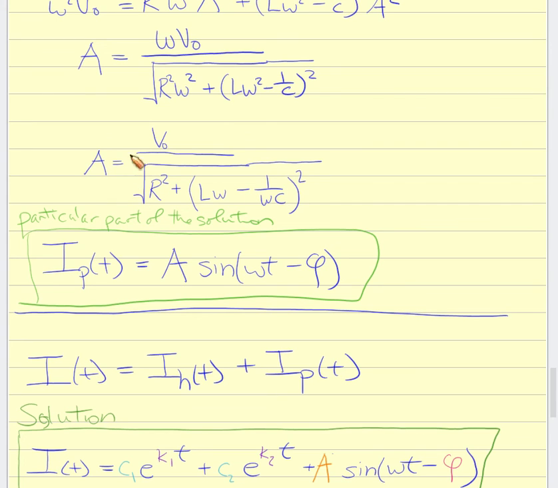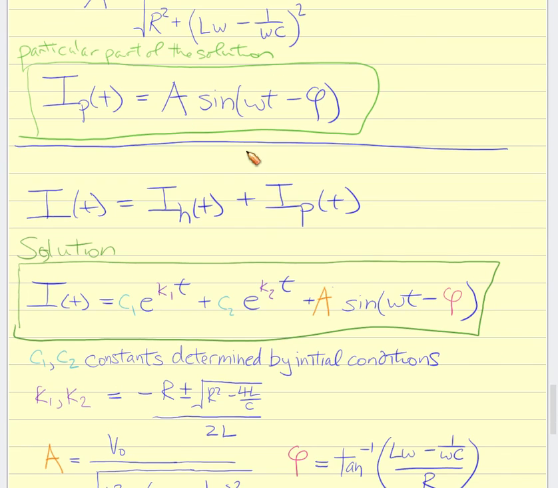So even though there's a lot of letters here, all these are quantities or values that we already have. Now we can put the two pieces together and get our final solution. Final solution I of t is going to be the homogeneous part plus the particular part.